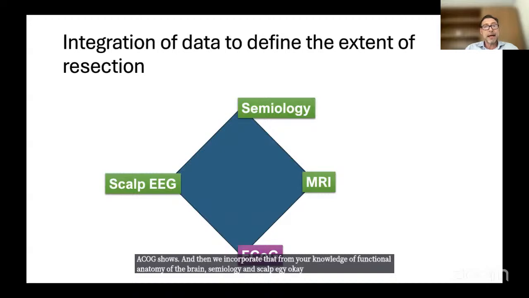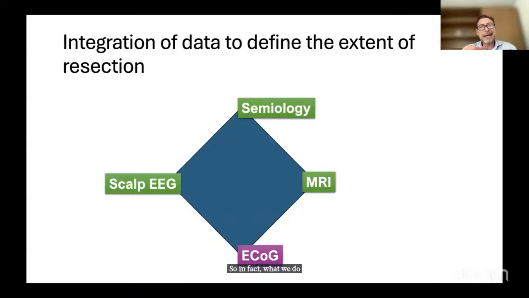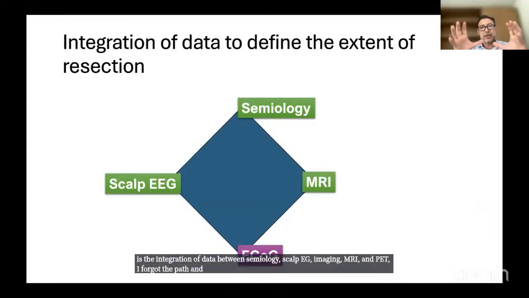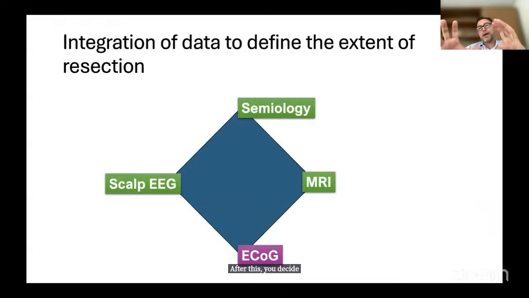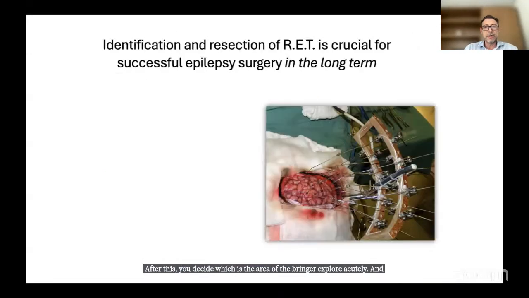So in fact, what we do is the integration of data between semiology, scalp EEG, imaging, MRI, and PET, I forgot the PET, and after this, you decide which is the area of the brain I will explore acutely, and then you go there with the ECOG, okay?